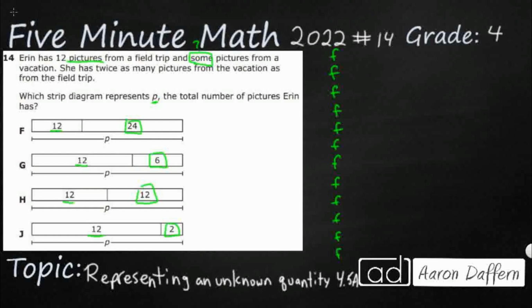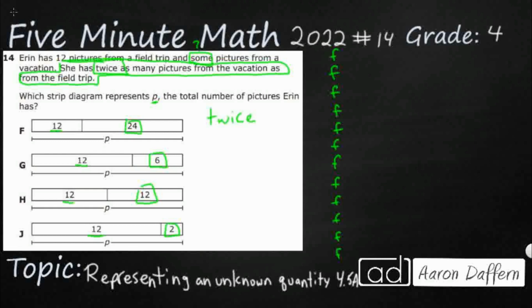Now, here's the only clue we have. It's this sentence right here. Some pictures from vacation. That doesn't help us, but she has twice as many pictures from the vacation as from the field trip, twice. So I'm going to put V next to each F, but twice.